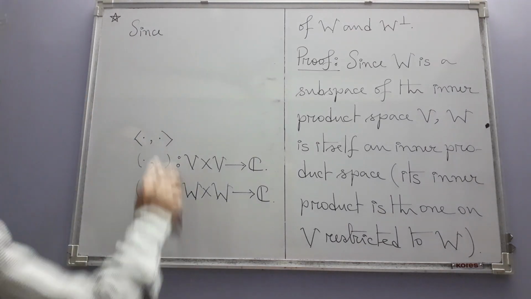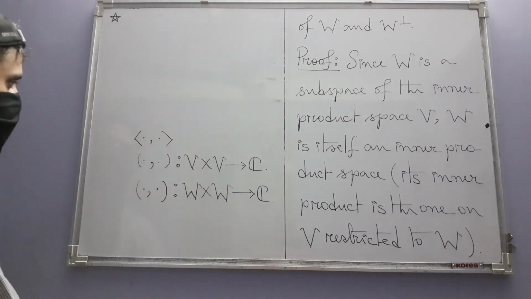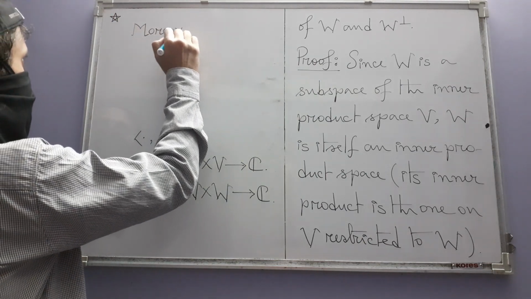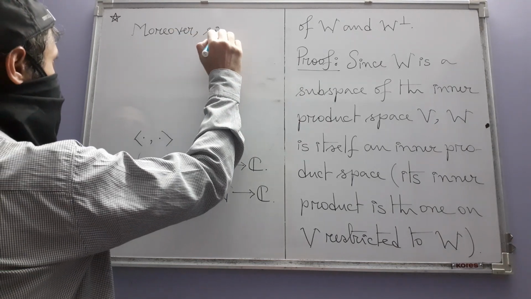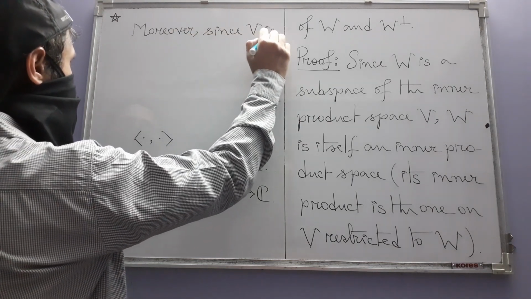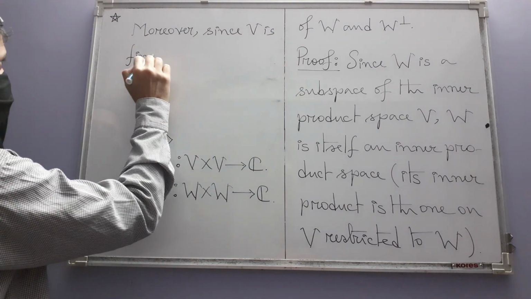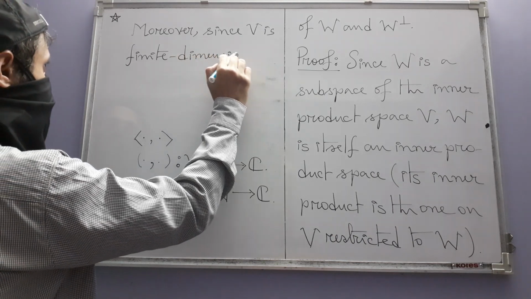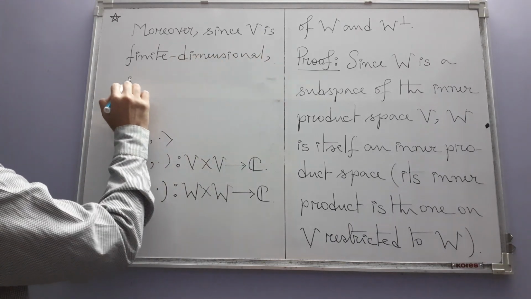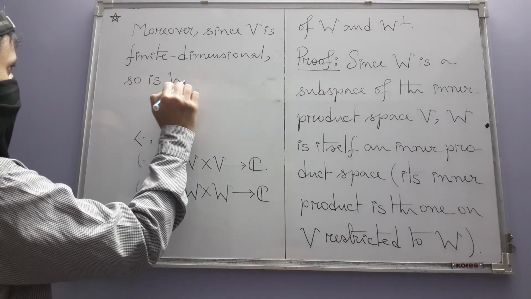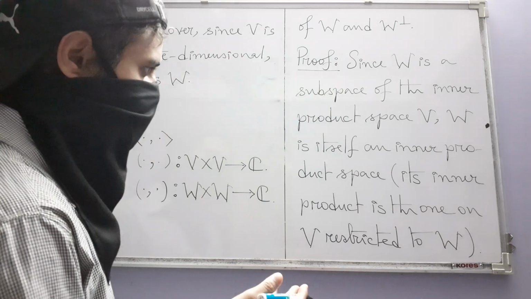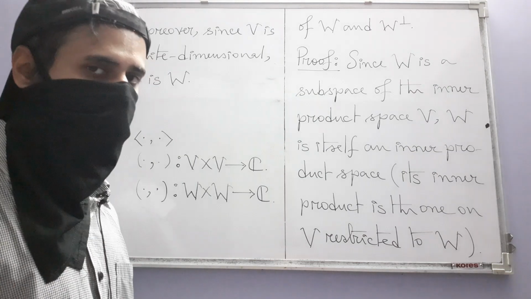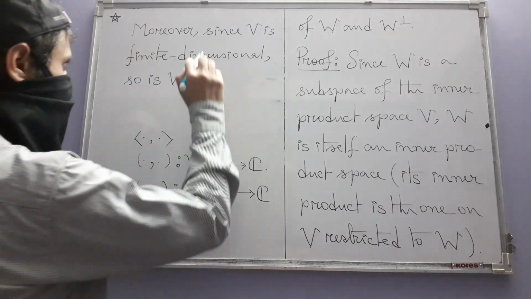Moreover, since V is finite dimensional, so is W. That means now W is a finite dimensional inner product space. So it will have an orthonormal basis by our previous result.